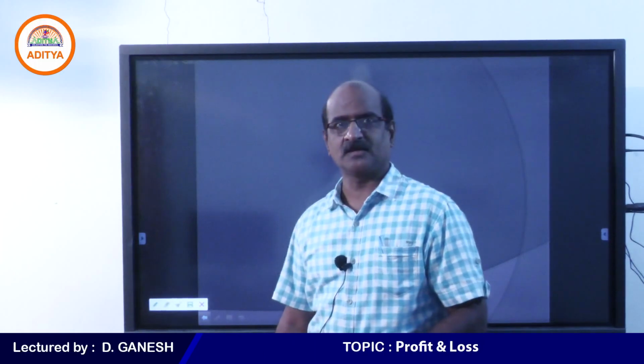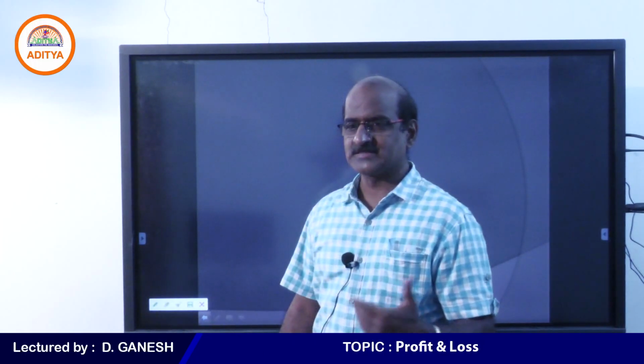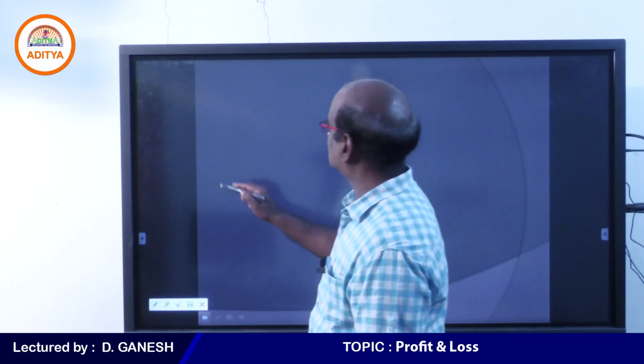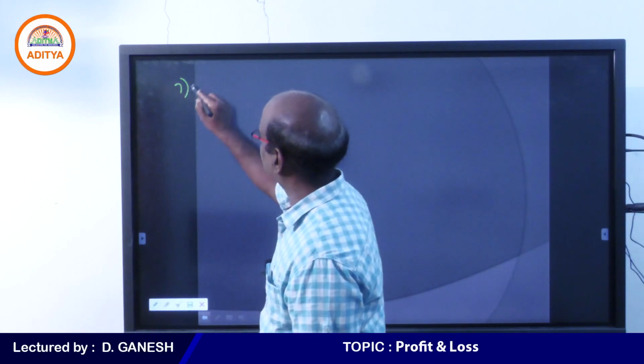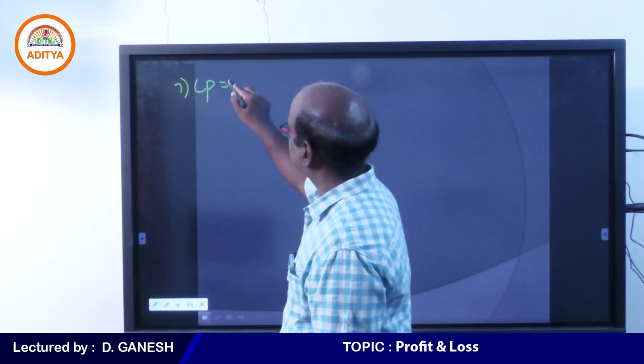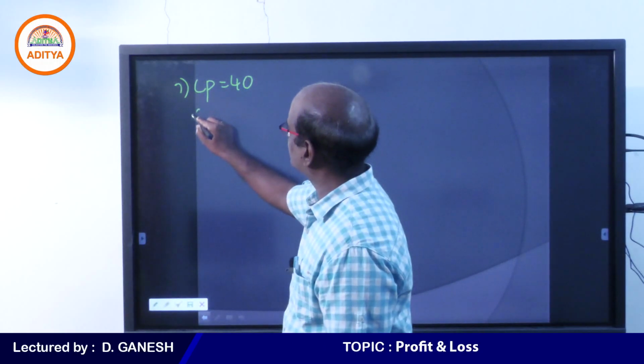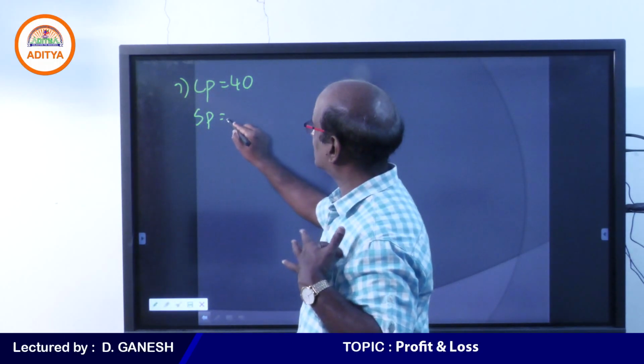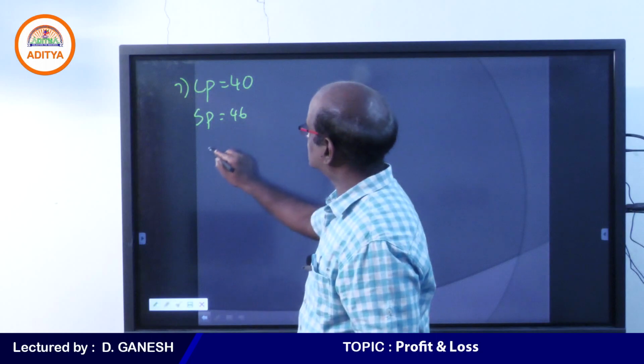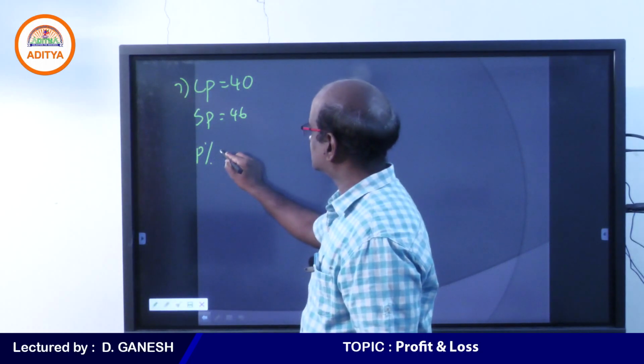Student, now let me give you some interesting questions. Please answer these questions if you can. Come on, make it fast. Question number 7: cost price is 40 rupees and if you are selling it for 46 rupees, tell me what is the profit percent?